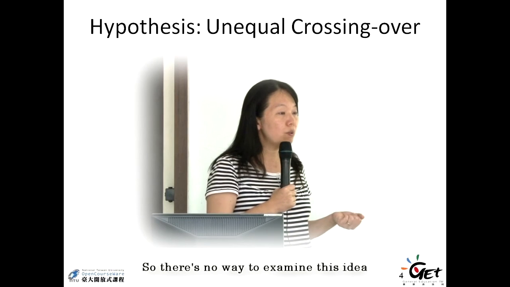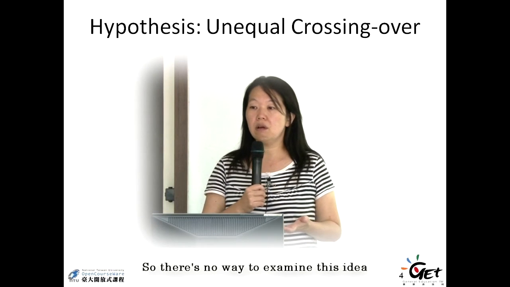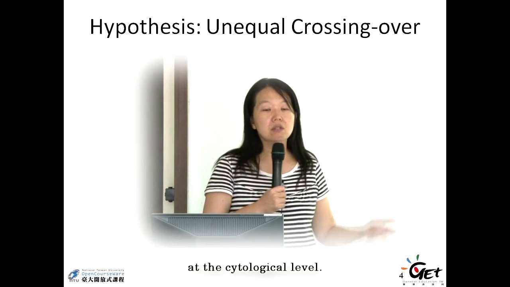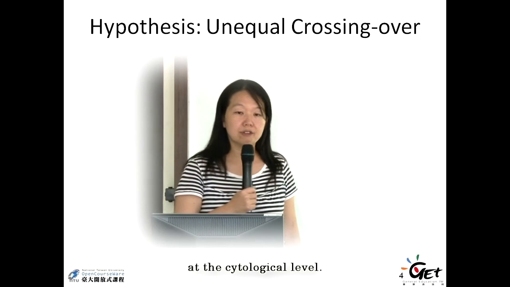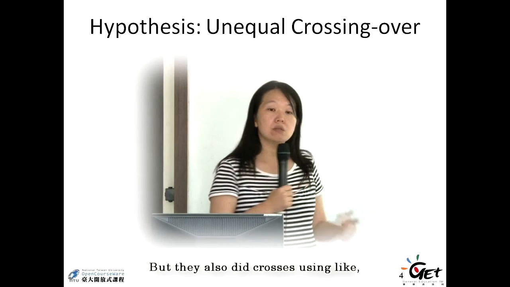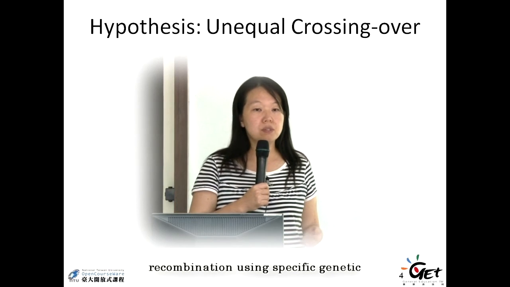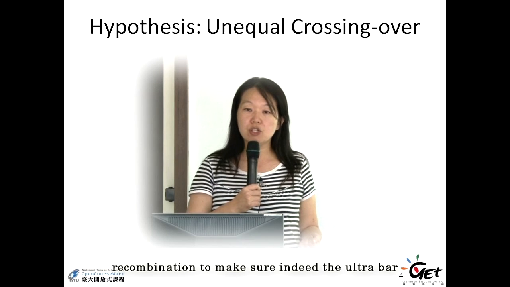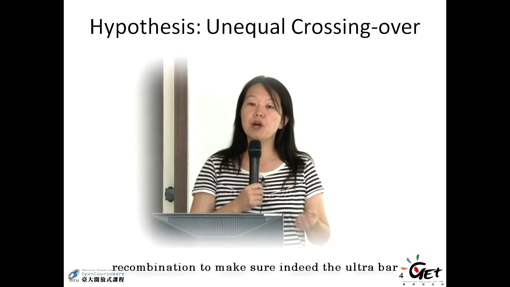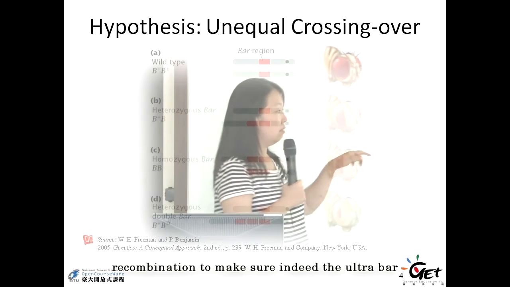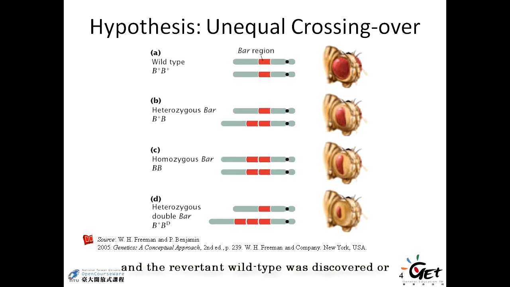So there's no way to examine this idea at the cytological level. But they also did crosses using specific genetic recombination to make sure indeed the ultra bar and the revertant wild type was discovered or was generated by crossing over at the bar locus.